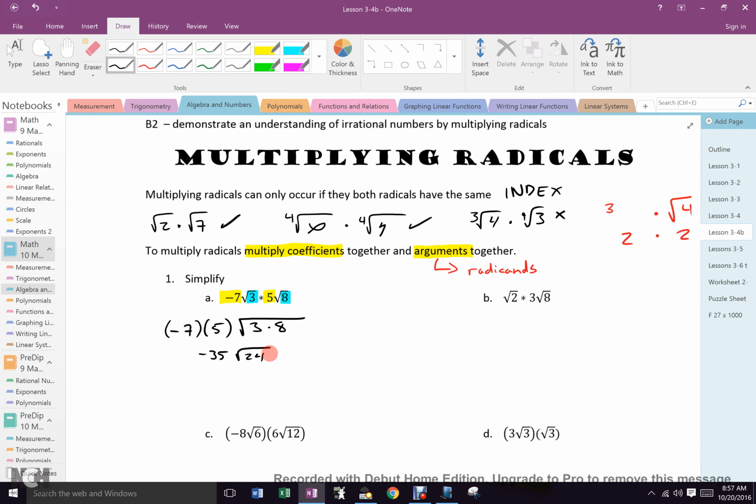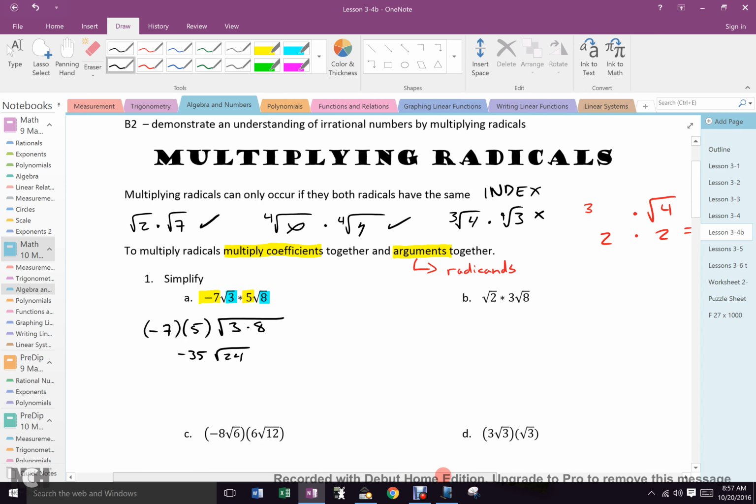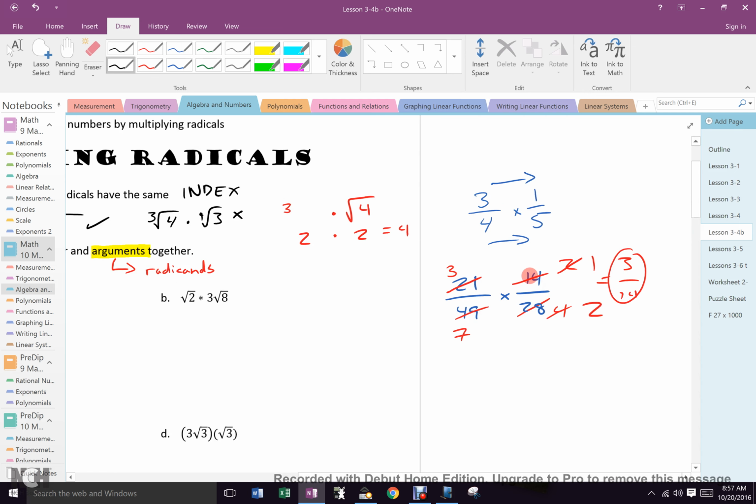It's the right answer, but it's not the simplest answer, right? Just like over here in fraction world, this is really, or could be, 294 over 1372. Is that the right answer?